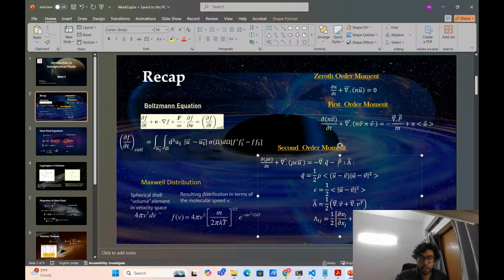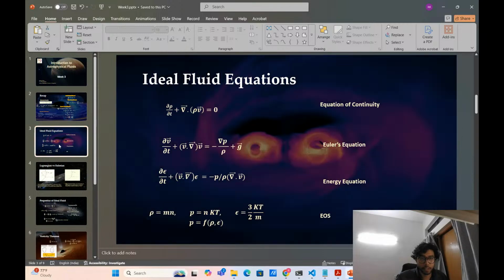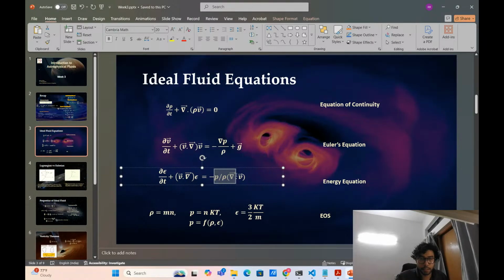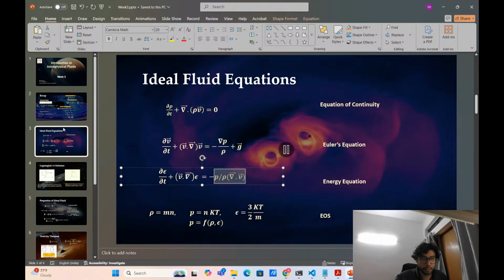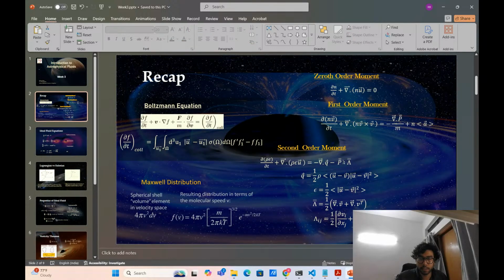For the i equals j terms, this lambda vector will turn out to be del Vi del Xi plus del Vj del Xj. So this will basically just be a divergence, del dot V, which is del Vi del Xi summed over i. So this term becomes del dot V.